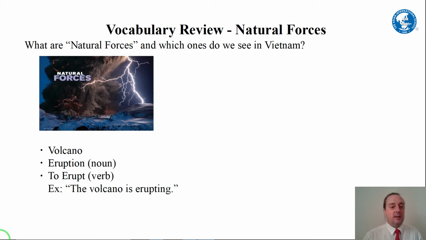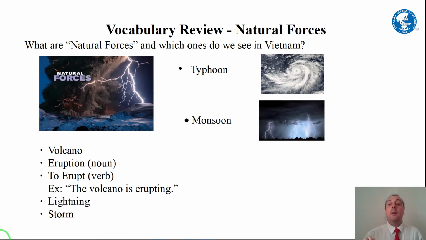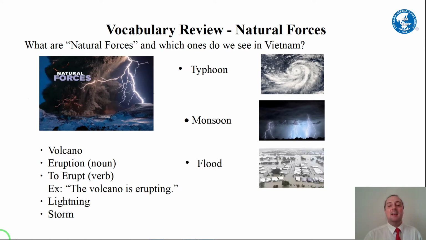Eruption, noun; erupting, verb. We also see lightning and a storm. We also talked about typhoon, something we see in Vietnam. Also monsoon. Good. And we also talked about flood. Good.